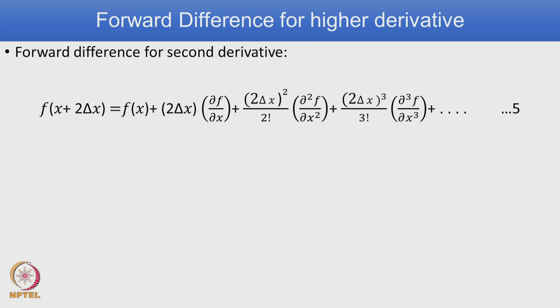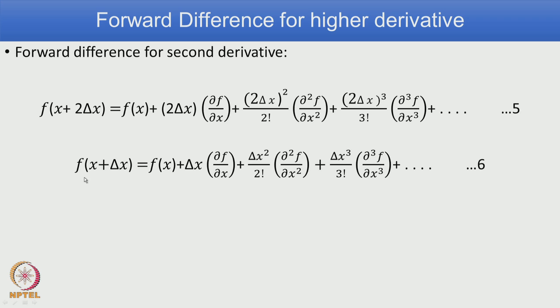Now, we will also see how to write down the difference formula for higher derivatives. We have seen so far f of x plus Δx. Now, we can also do the expansion for any length of Δx. So, what is shown here is for 2Δx. So, f of x plus 2Δx, the formula is almost the same except that Δx is now replaced with 2Δx.